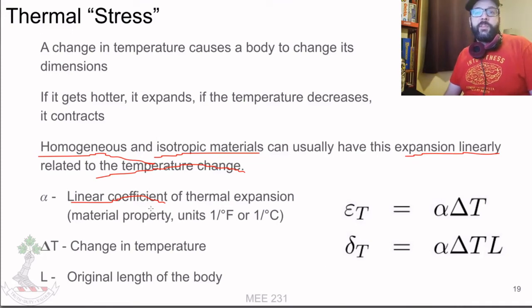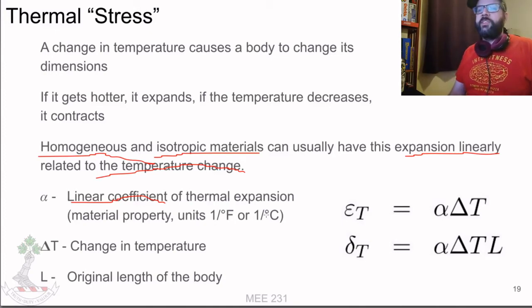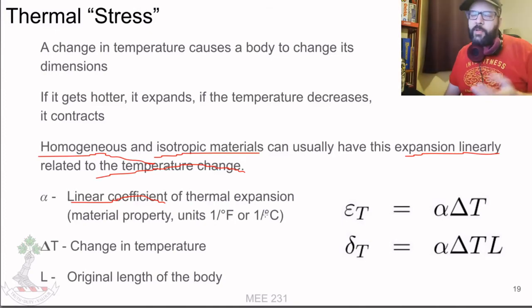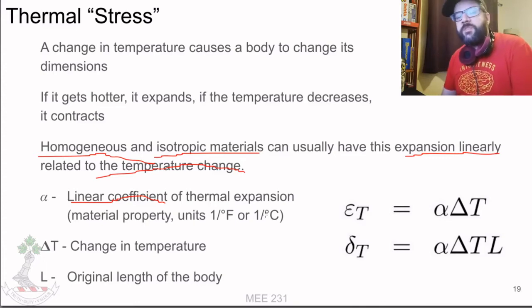So the units for this coefficient, it's a material property. It's basically strain per unit temperature change. So its units are per degree Fahrenheit or per degree Celsius or per degree Kelvin, however you want to. Per degree Kelvin or per degree Celsius is the same thing, because they're one-to-one in terms of change.